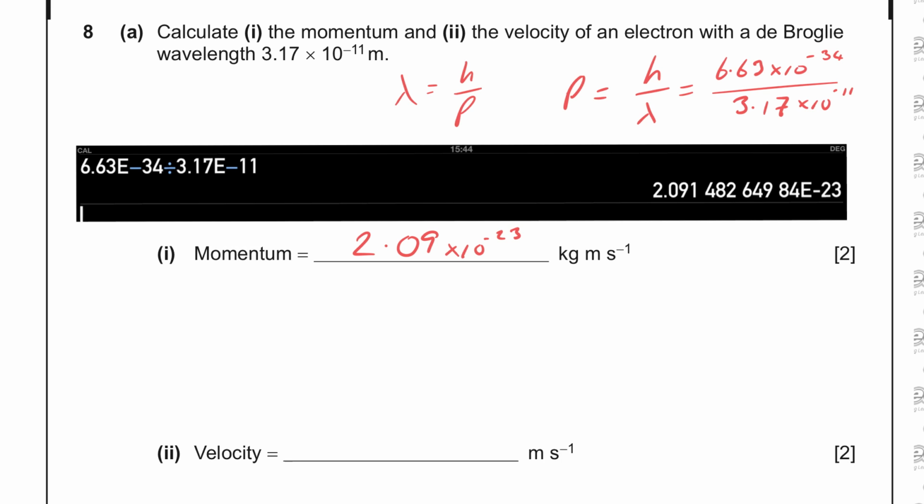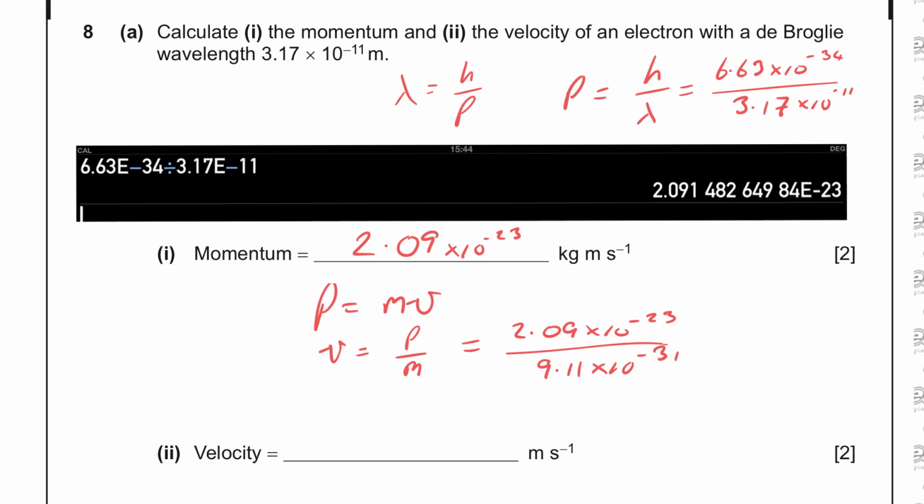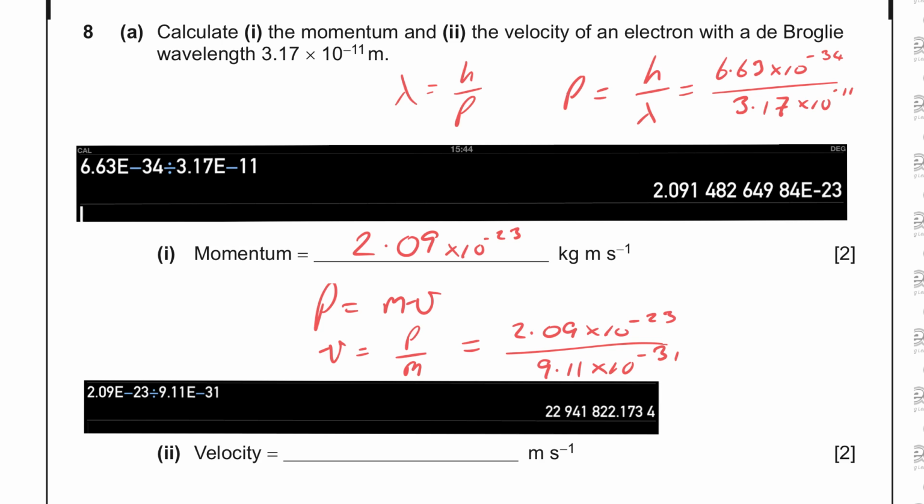So velocity is going to be momentum divided by mass. And again, you can get the mass of an electron from your formula sheet. So subbing in, and putting that through our calculator, I get 2.29 times 10 to the 7.